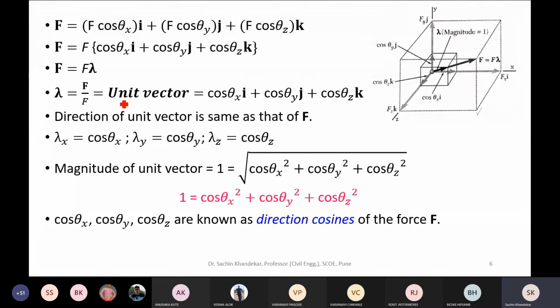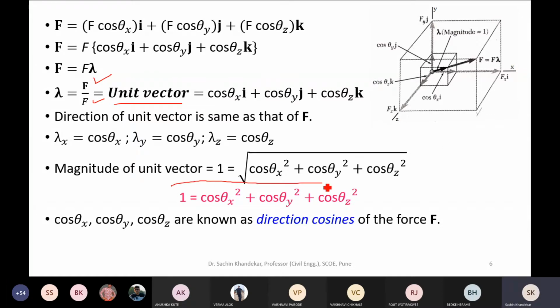Next, we also defined the unit vector. A unit vector is one whose magnitude is unity, and it is defined as a vector divided by its magnitude. Not only a force vector, it can be an acceleration vector or a velocity vector, any vector. That particular vector divided by its magnitude is known as the unit vector, and of course its magnitude is 1.